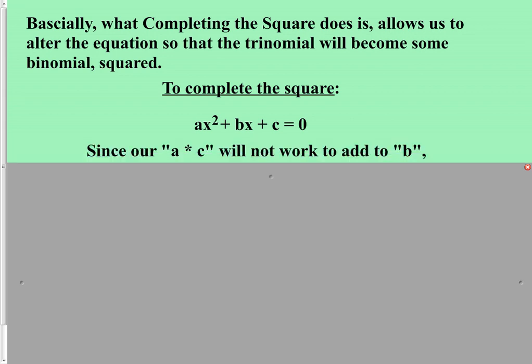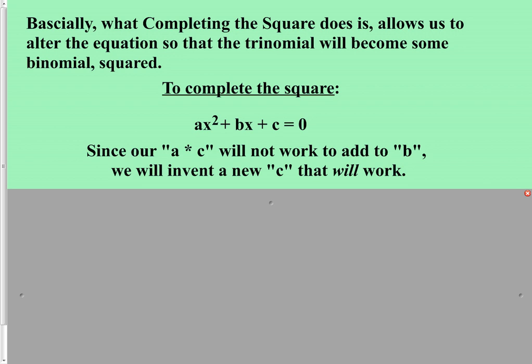What we have discovered thus far is we have a situation where our a times our c cannot be factored in a way that will add or subtract to equal our b term. So what we're going to do is, it's going to kind of seem like cheating, but we are going to invent a new c term that will actually allow this thing to be factored. Here is the procedure.